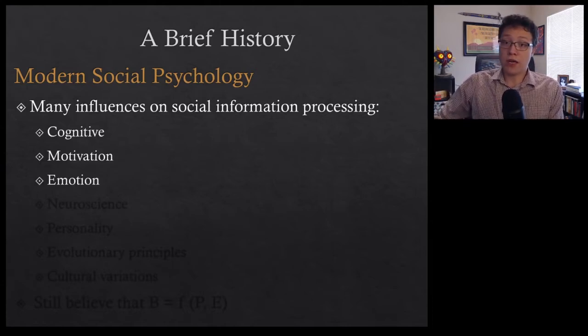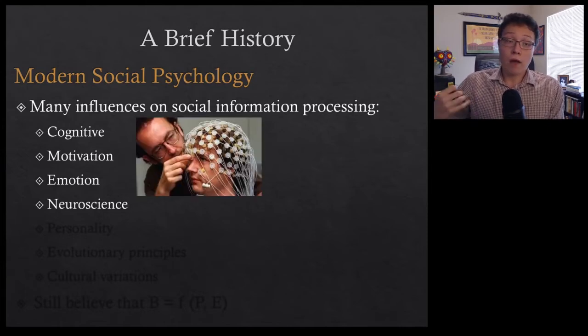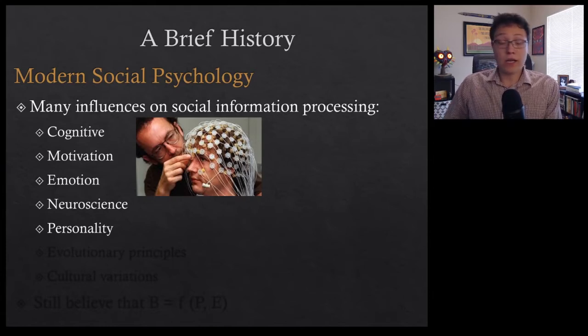We look at motivation and emotion, bringing in neuroscience here to understand maybe what parts of the brain are being used when we access social information. Looking at personality, we can think about how personality or the person and the situation both matter. So what is it that makes some people more likely to do these things than others?